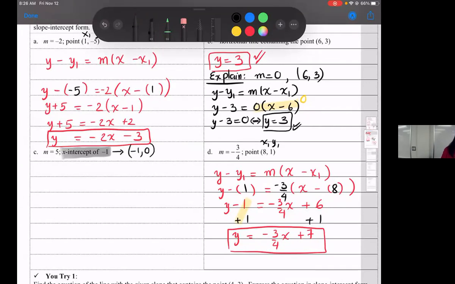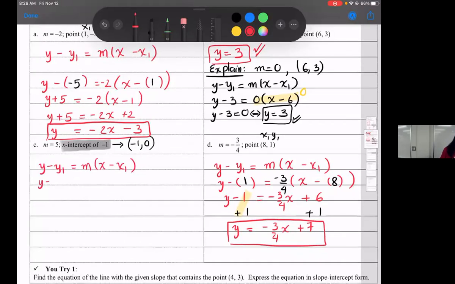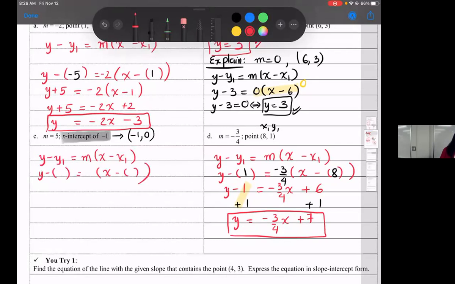And then you plug into the formula: y minus y1 equals m times x minus x1. My x1 is -1, y1 is 0. Slope is 5.